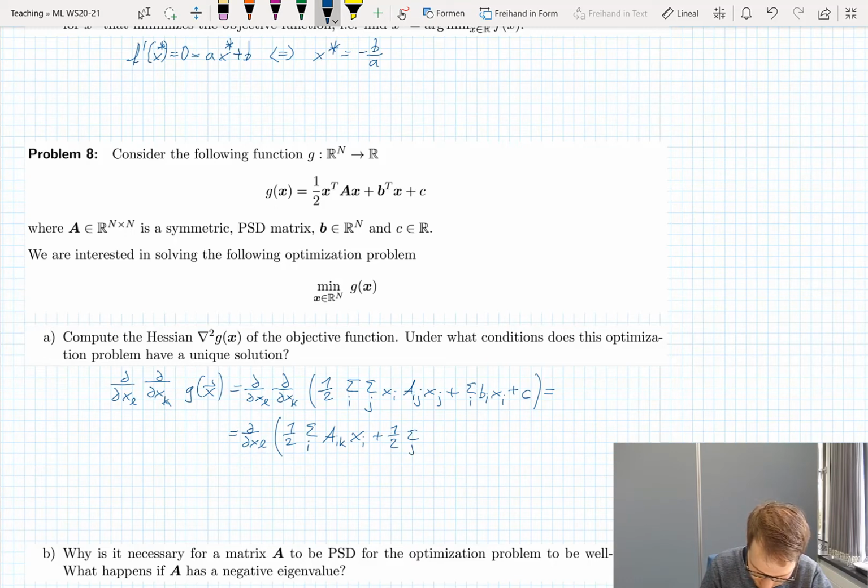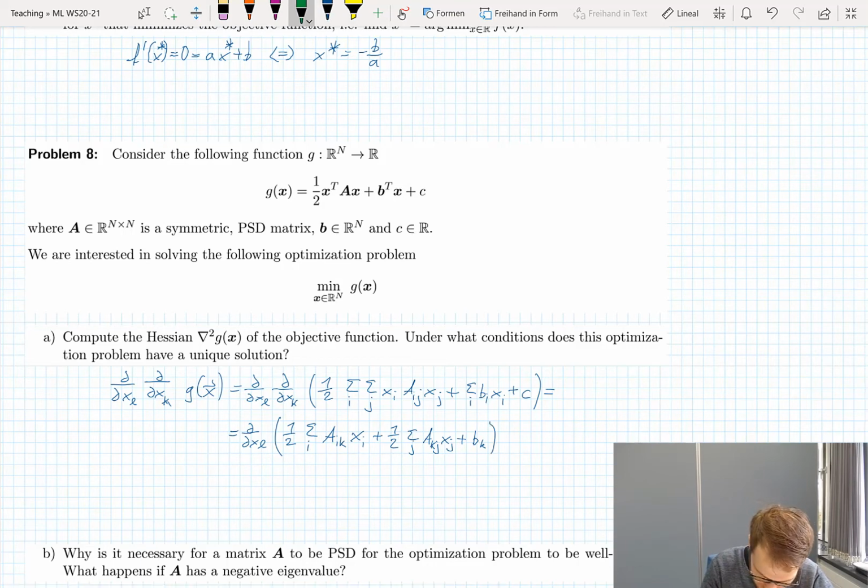So here we have the sum over j, a j k, sorry, let me write this again, a k j x j, plus b k. Here we don't have two x's, so only b remains and c goes away.